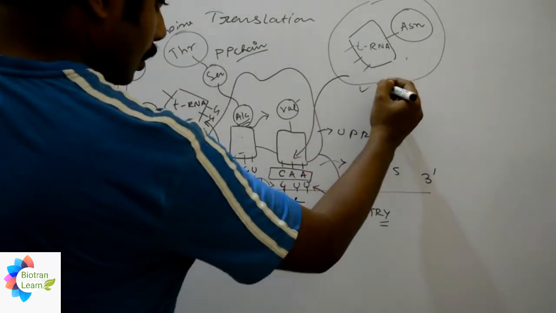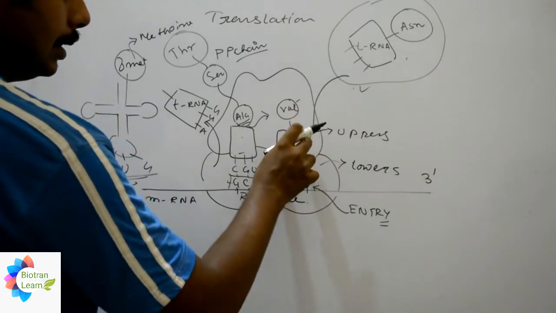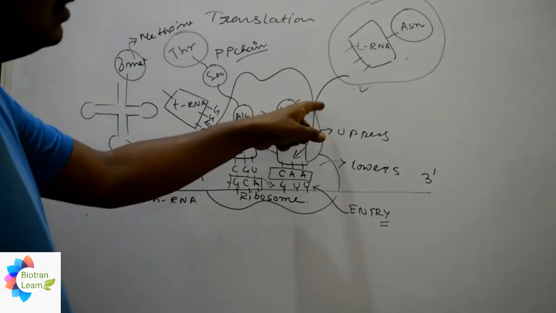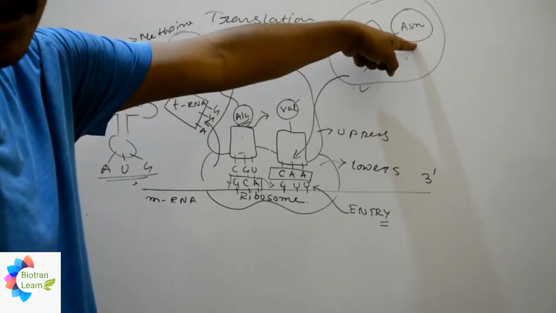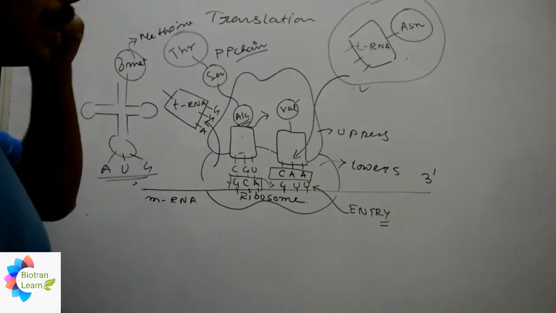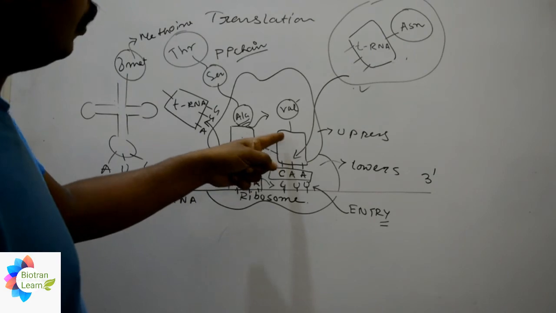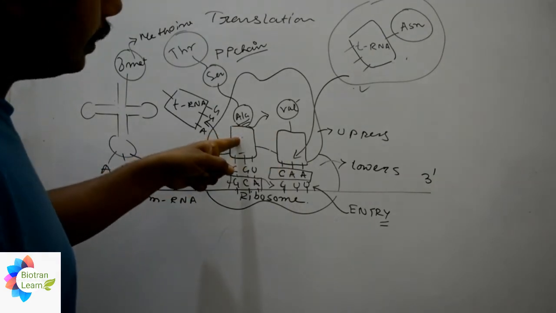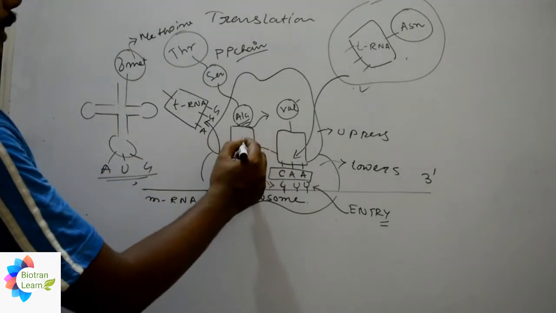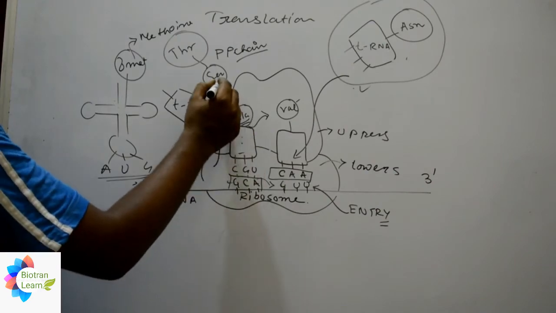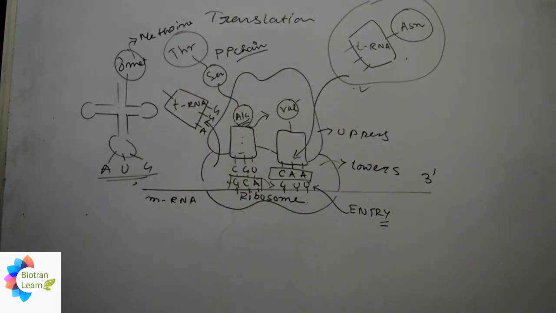First, the charged tRNA sits here, and charged tRNA means it will bring a particular amino acid, and that amino acid will be shifted from the entry site to the exit site, and from the exit site it will bind to the polypeptide chain.